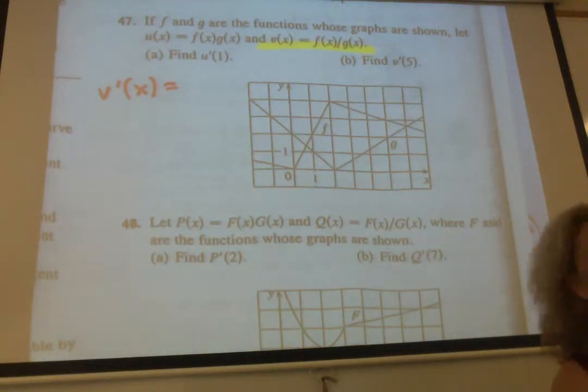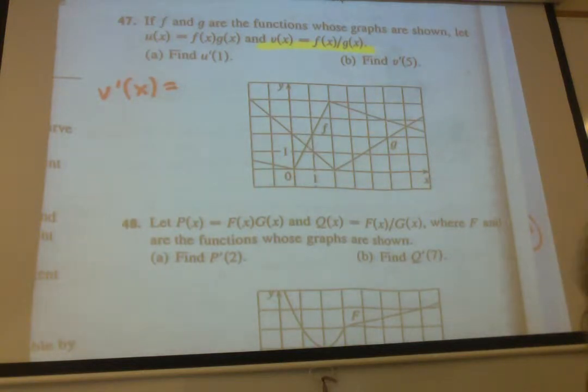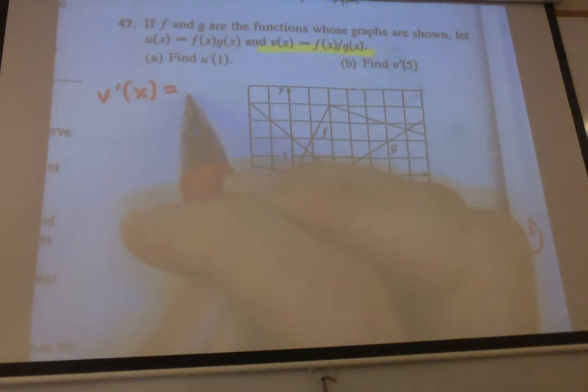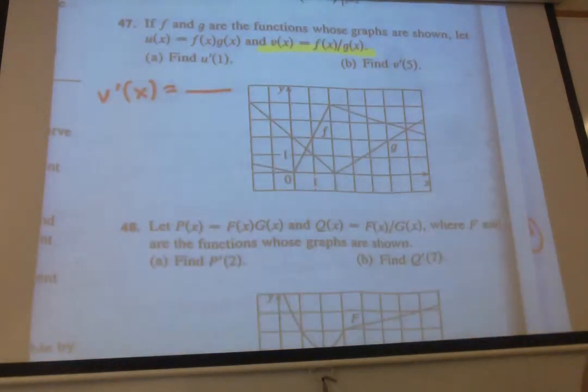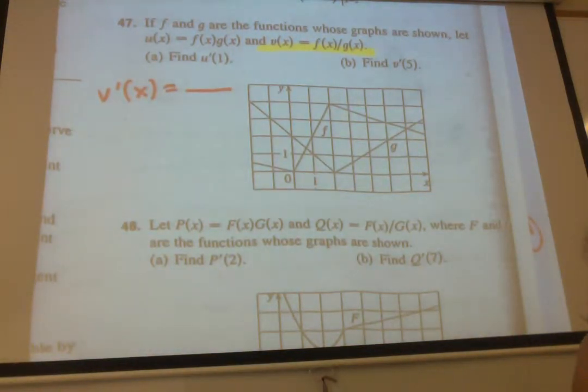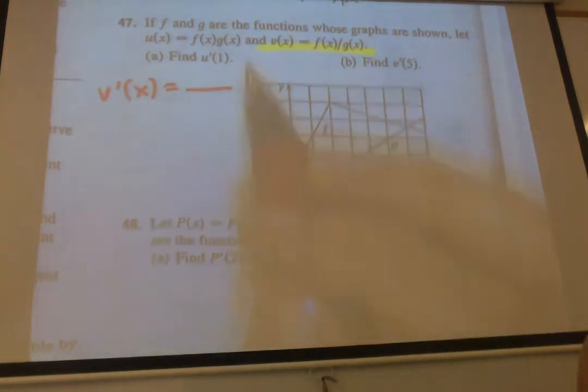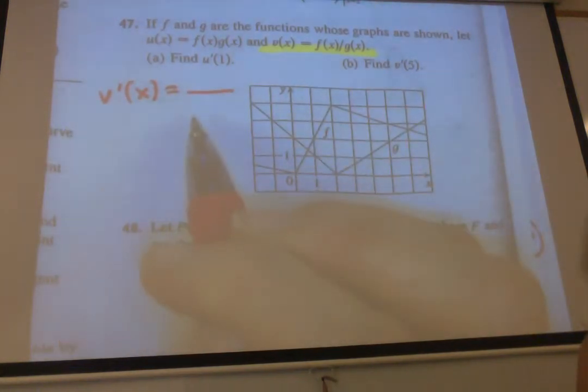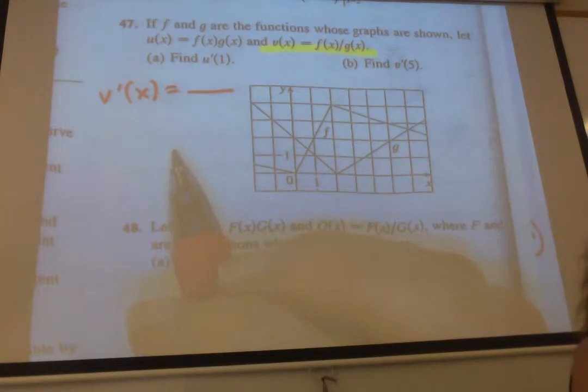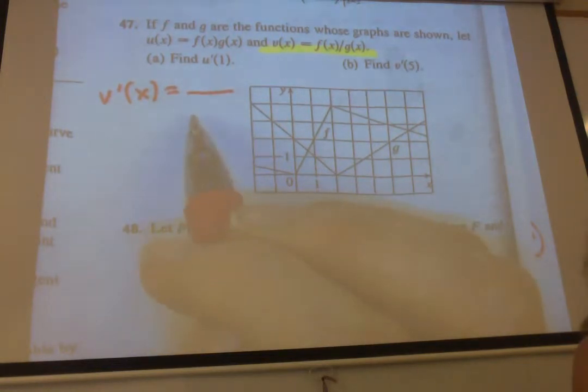So who could tell us the quotient rule? Who can apply it? Elizabeth. g of x times f prime of x minus f of x times g prime. Okay, so I always like to, to help me memorize it, I always say I'm starting low.